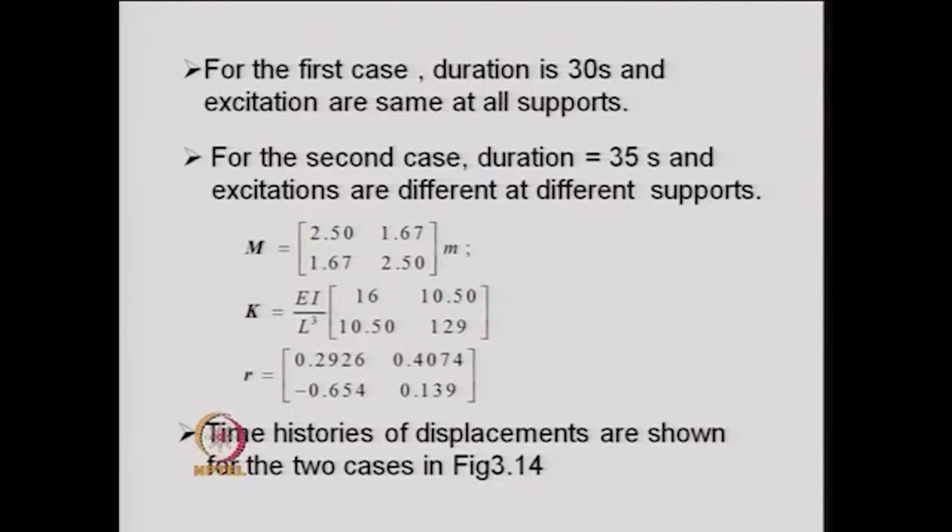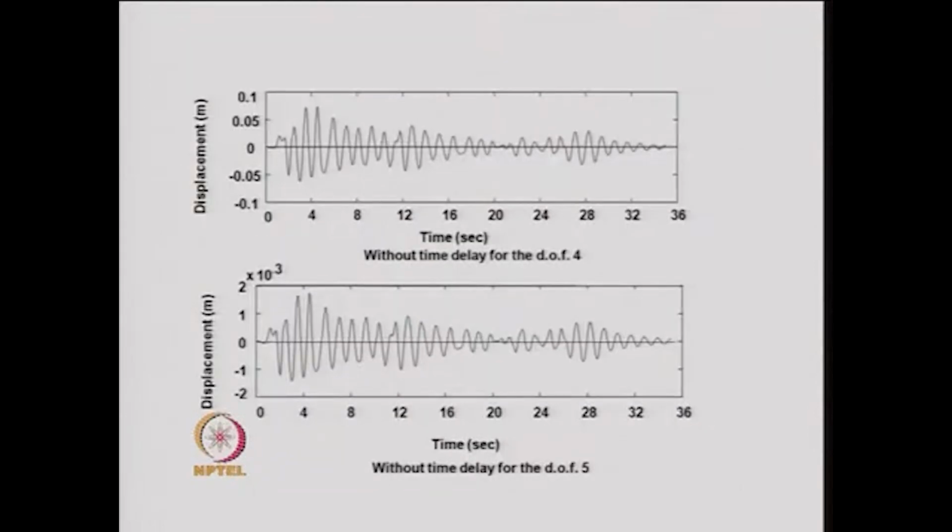Therefore, in the first case, the first 30 seconds will be non-zero values and the last 5 seconds will be 0 values. For the second support, the first 5 seconds will have 0 values and the next 30 seconds will have non-zero values. That is how we construct the 35 seconds of excitation for the two supports, and we use these two excitations and obtain the values.